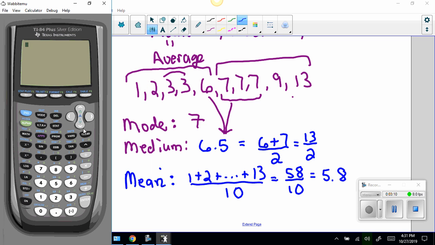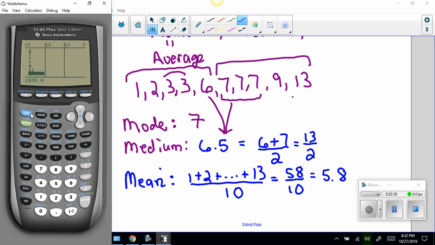There's a variety of ways to do this. You could do it the old-fashioned way, but let me get all fancy here. If you hit the stat key on a TI-84, choose edit, and I can enter 1, 2, 3, 3, 6, 7, 7, 7, 9, 13.